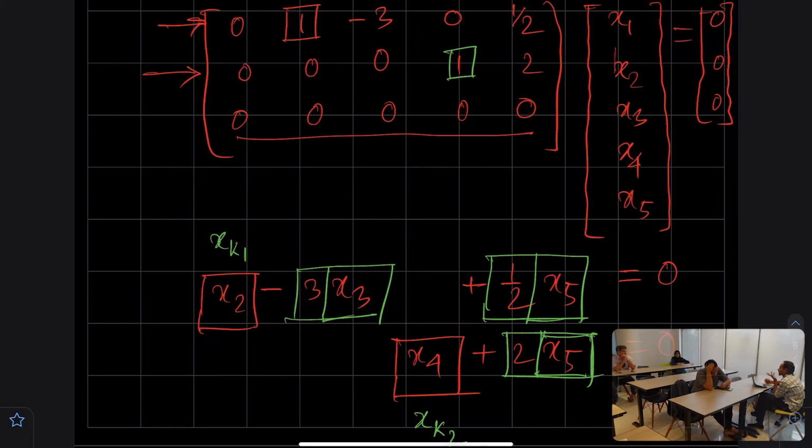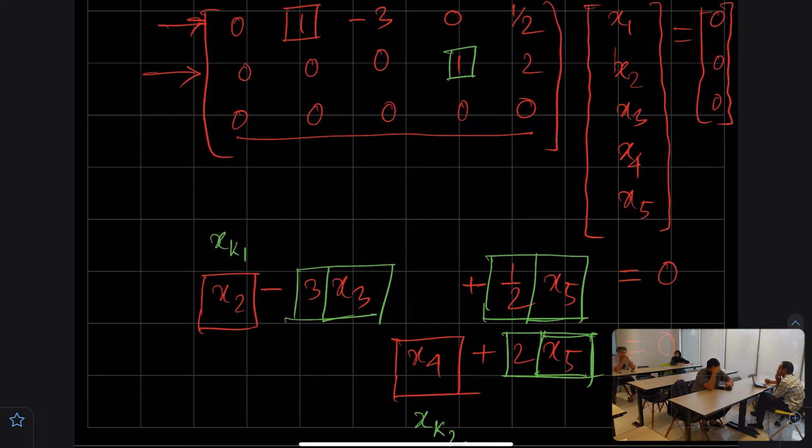All three of them are free variables. We don't care about the difference at this moment. We need to classify the variables. That is the focus right now. So we have identified x2 and x4 to be leading variables, and the remaining ones are free variables. What are the remaining ones? x3, x5, and x1.